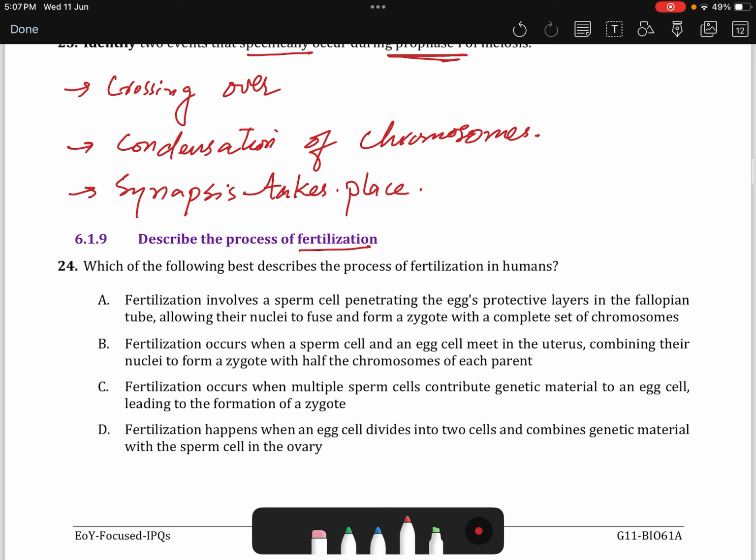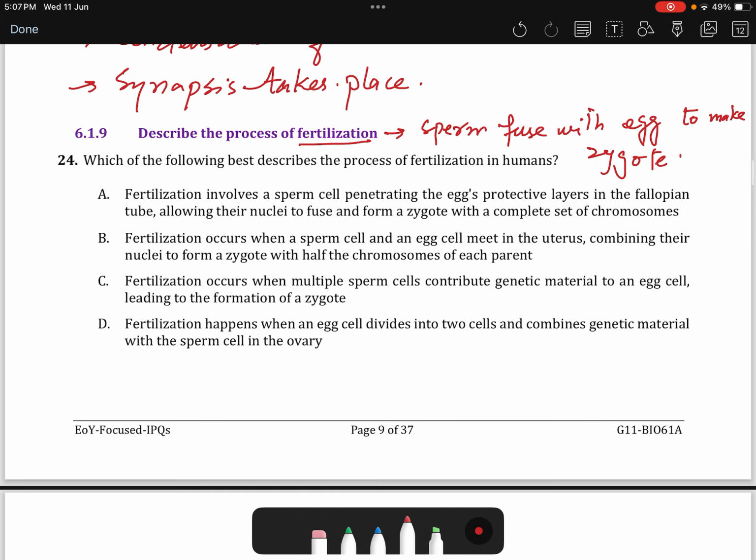Describe the process of fertilization, a process in which sperm fuse with egg to make zygote. So this is called fertilization, and you can write it as an equation: sperm plus egg gives you zygote.